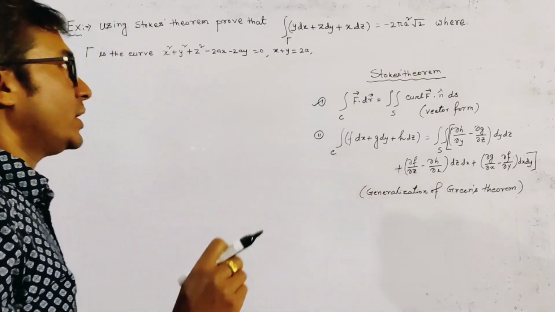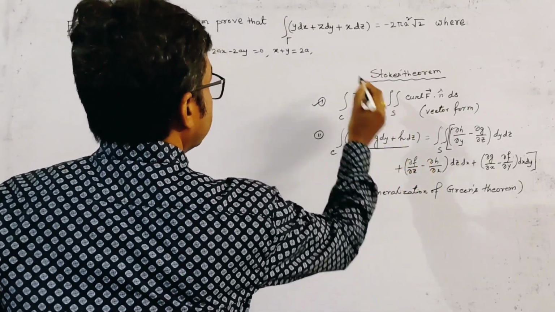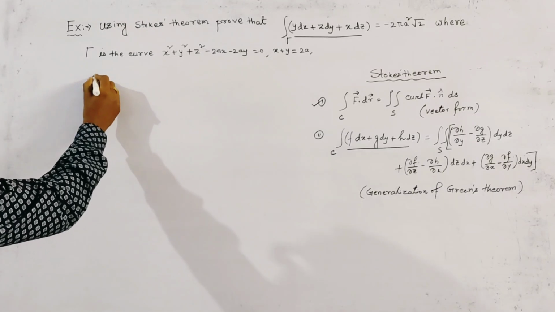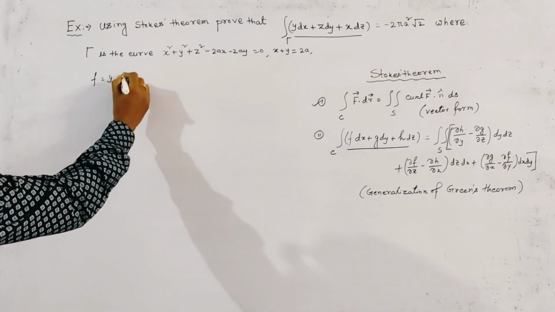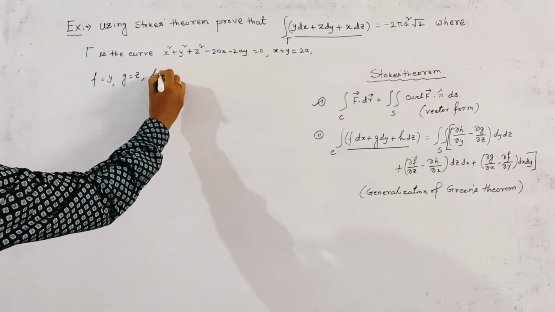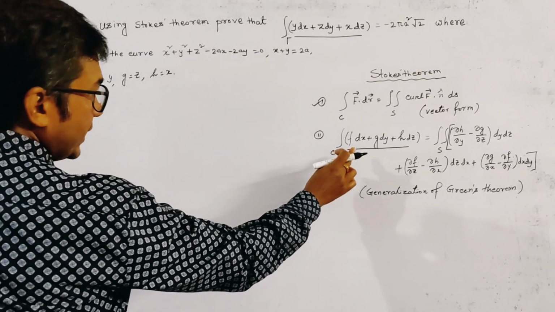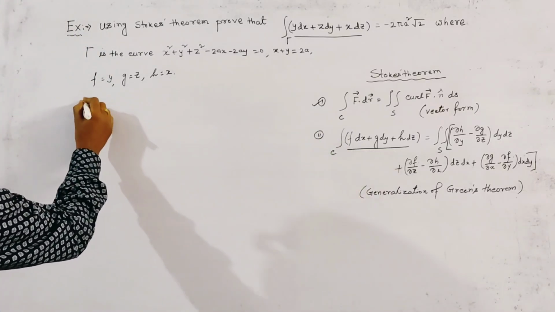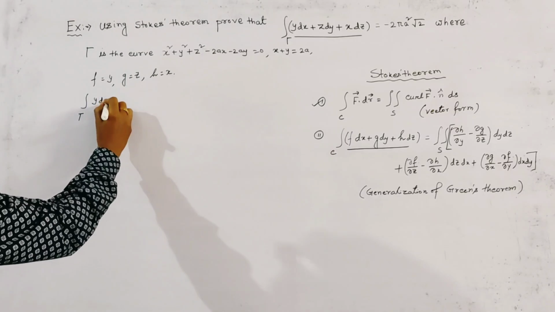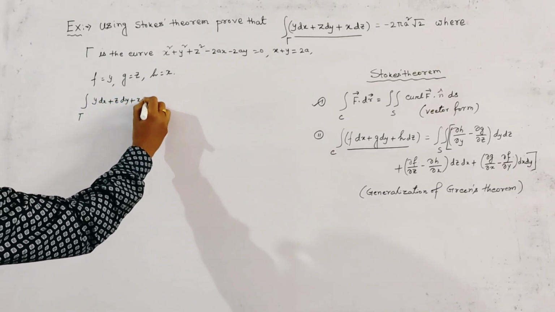Here we first compare this term with this term, and comparing these two, we get f equal to y, g equal to z, and h equal to x. Now we write the given integration over gamma of y dx plus z dy plus x dz.